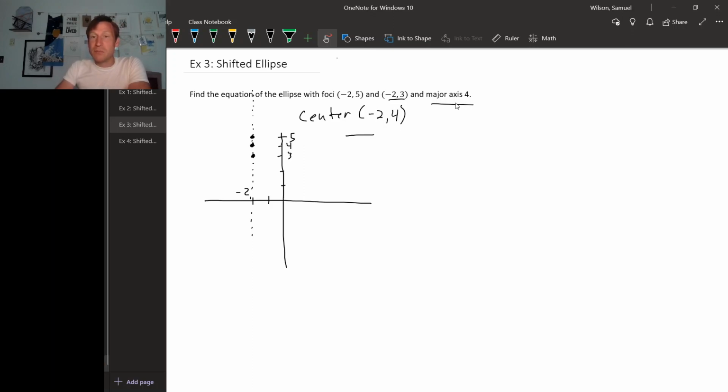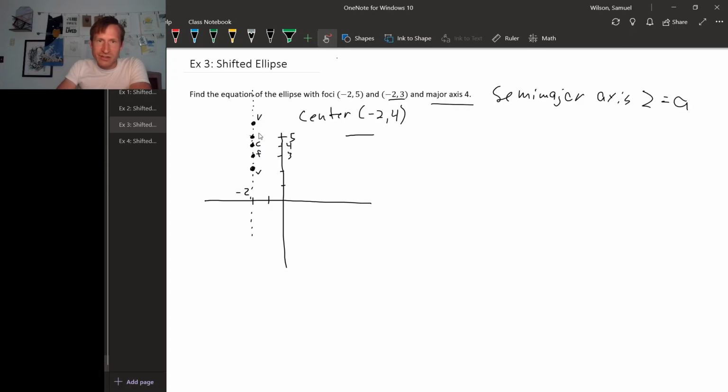Okay, now the major axis is 4, so that means the semi-major axis is 2, and that's also known as a. So from the center of this ellipse, we need to go up 2, 1, 2, and down 2, 1, 2. These 2 points are vertices. This is a focus.